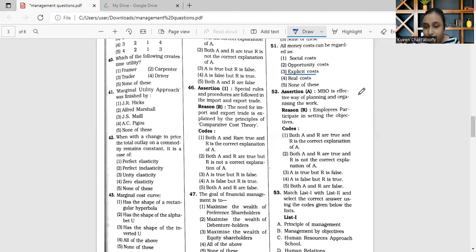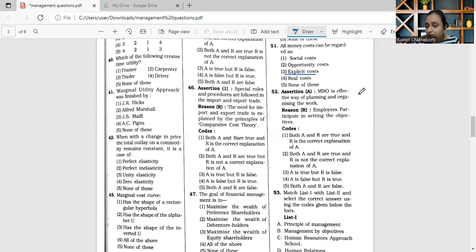That is, MBO is an effective way of planning and organizing. But the reasoning says employees participate in setting the objectives. It's not only the employees who participate in setting the objectives; the management and all the managers sit together, and that is how it is planned and reviewed, in a united way.